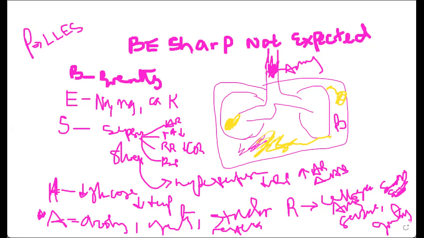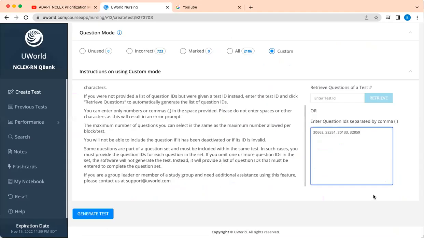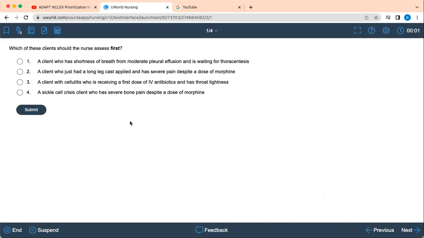We're going to use these examples to answer a couple of questions, and you'll see how you can apply them. So let's try a couple of questions and see. This is a priority question because you can tell from the word first.